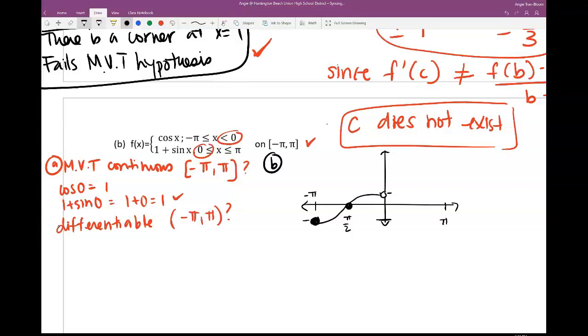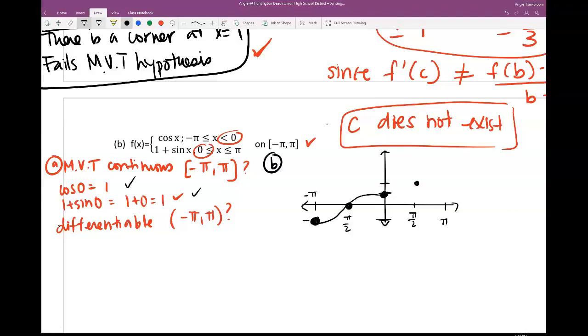Then let's do the second piece. Sine of 0 is 0, but 0 plus 1 is now 1, so it fills it up. Perfect, that's why it's continuous. Sine of pi over 2 is 1, and 1 plus 1 is 2, so this needs to go up to 2.